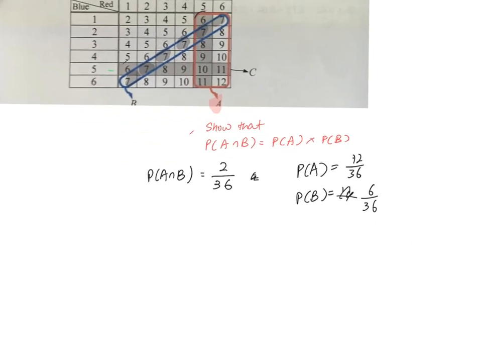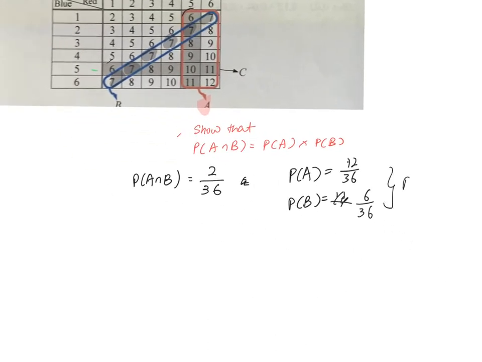Okay, so I'll just verify. Over here, the probability of A multiplied by the probability of B would be 12 over 36 multiplied by 6 over 36, and it indeed gives me 1 over 18, which is the same as the probability of A intersect B. Since they are equal, we can conclude that A and B are independent.